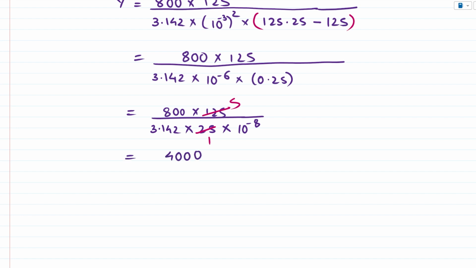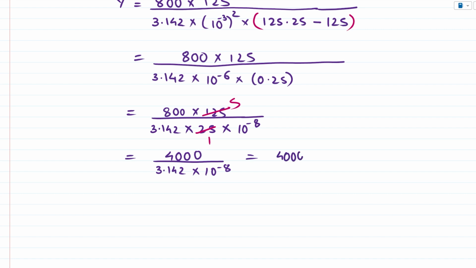So let's simplify this term. So we get 4000 in the numerator, that is 800 into 5. 3.142 हमने उसको अब तक छेड़ा नहीं है, into 10 raised to minus 8. Which this term can also be simplified further. जो denominator में 10 raised to minus 8 है, let's take it in the numerator. So 10 raised to minus 8 in the denominator, as it goes to numerator, it becomes 10 raised to positive 8.